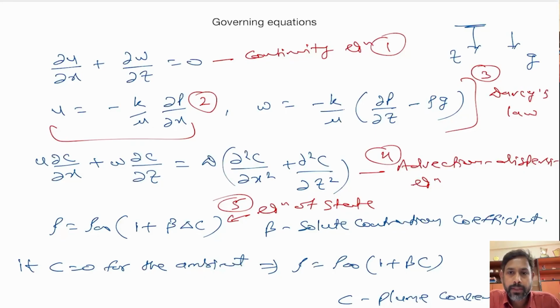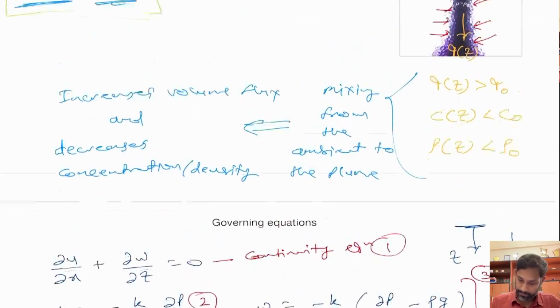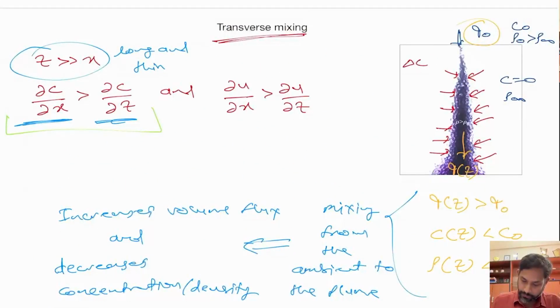Okay, so for Darcy's law we have 2 equations because we are considering 2 directions, and we don't worry about the third dimension. In the advection dispersion equation as well, we have not considered the y term. And at the same time, as we know, dc by dx is greater than dc by dz, or in fact much greater than that.